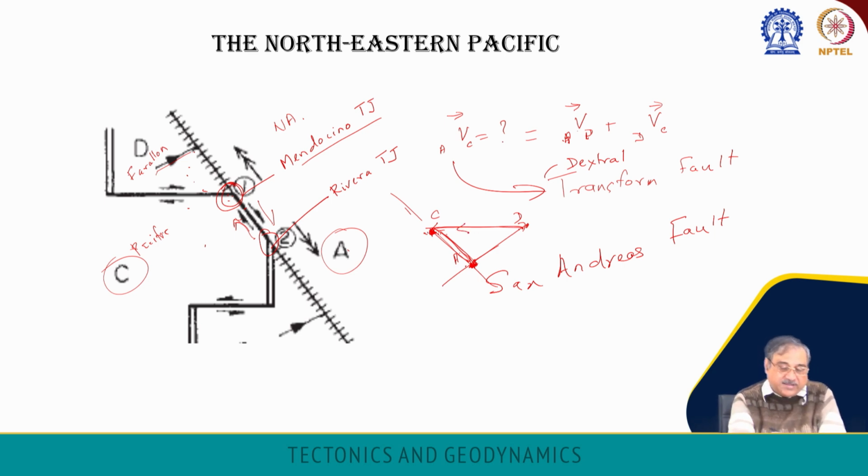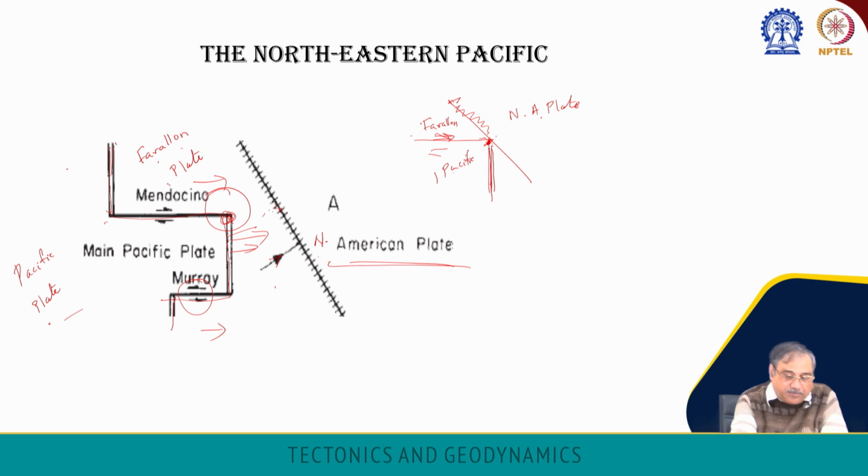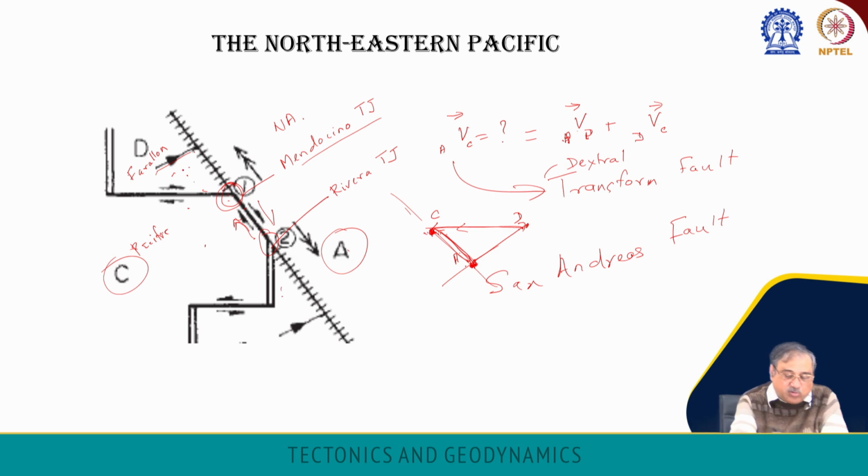What is important here is that this plate, this and this were previously part of the same plate, if you remember. But now this segment and this segment are disjointed. So as it's disjointed, now these are two separate plates. This is now called the Juan de Fuca plate.